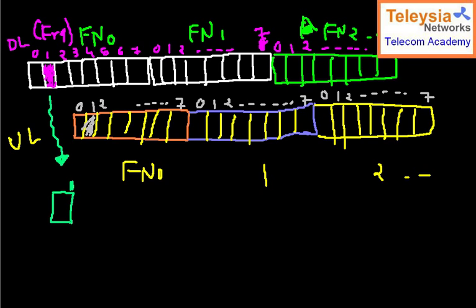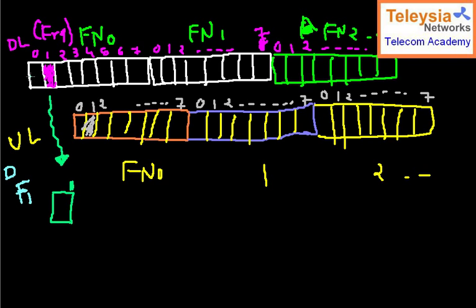As I said, this is a pair of frequencies. Now I am receiving on my downlink frequency. Let's say my downlink frequency is F1, so I receive here.